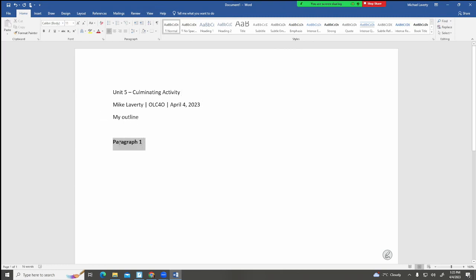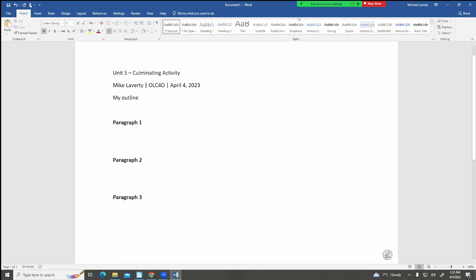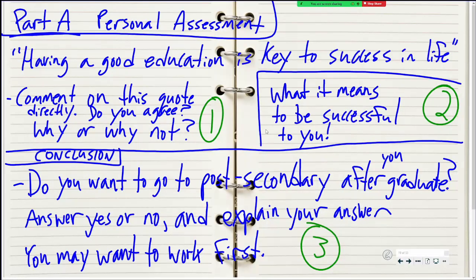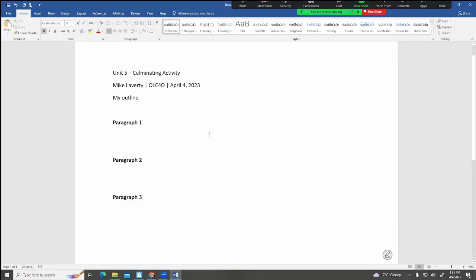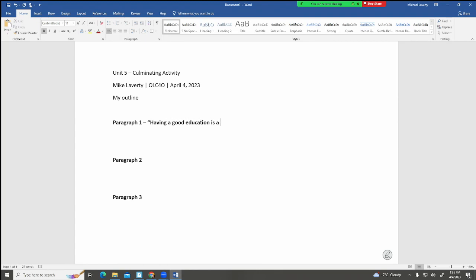Okay, so this is my outline. I'm going to look at this as three different paragraphs, and this is a template that you can follow as well. If I go back to my notes, I've got to comment on that quote and say whether I agree with it or not. The quote of the day that we've got to think about is, having a good education is a key to success in life.